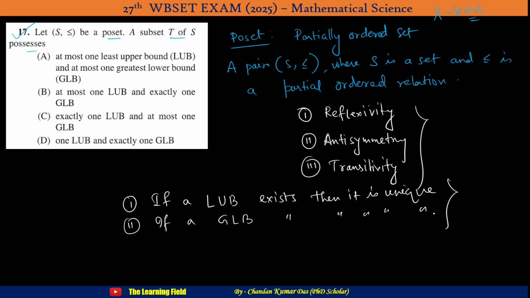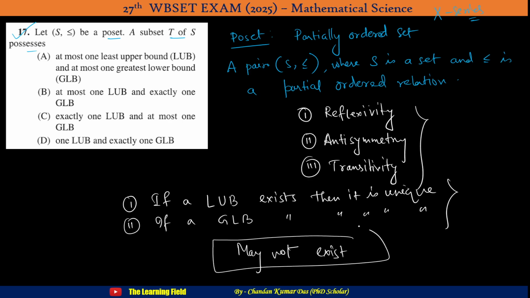So if it exists, then unique. One case is that it may not exist; this case can also be considered. Here it is not said that it definitely exists. If it exists, then it is one; if it does not exist, then the number of LUB is 0. That means at most one LUB and at most one GLB is the correct answer of this problem.